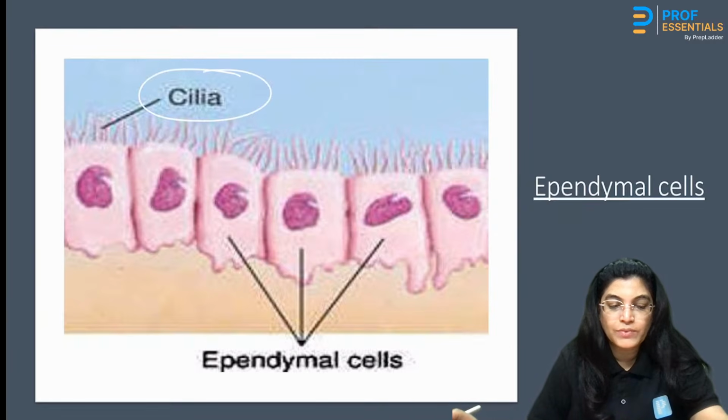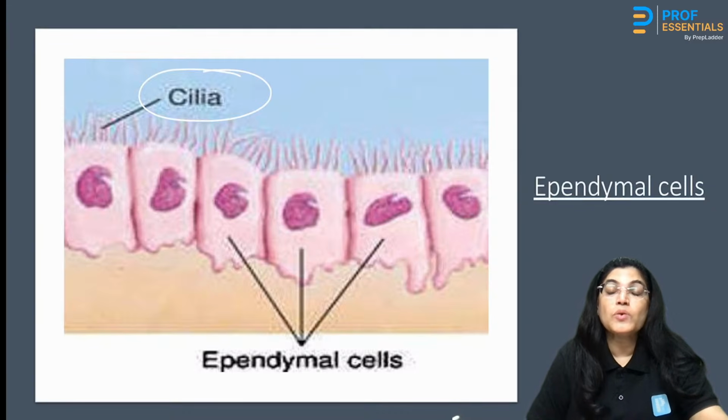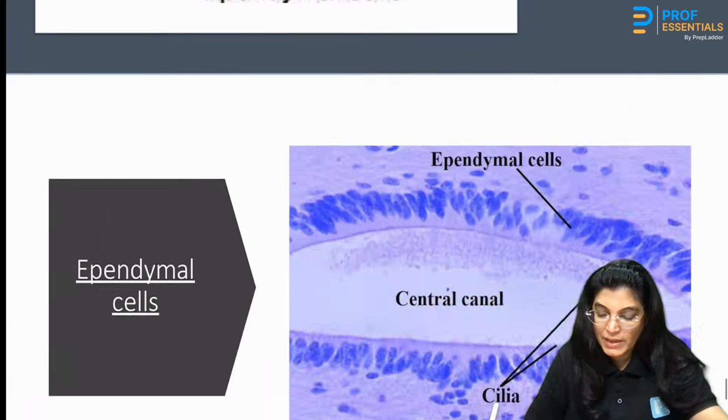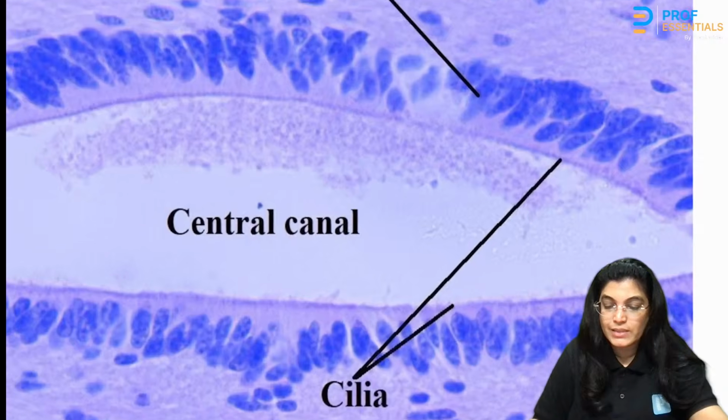An important point, which is also asked many times in MCQs, is that the cilia can also be appreciated in high power view in histological images. So let's see the ependymal cell in the central canal. It is present in the central canal of the spinal cord and in the inner lining of the ventricles of the brain. Let's enlarge this.